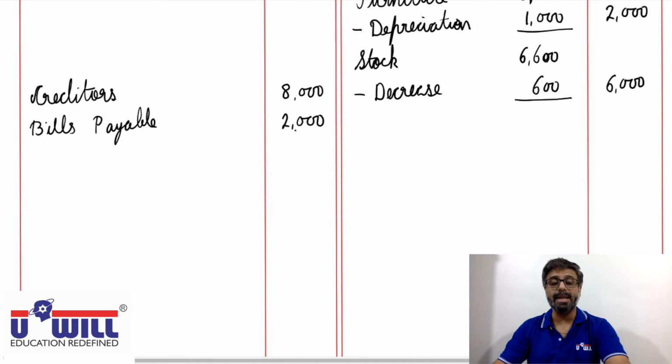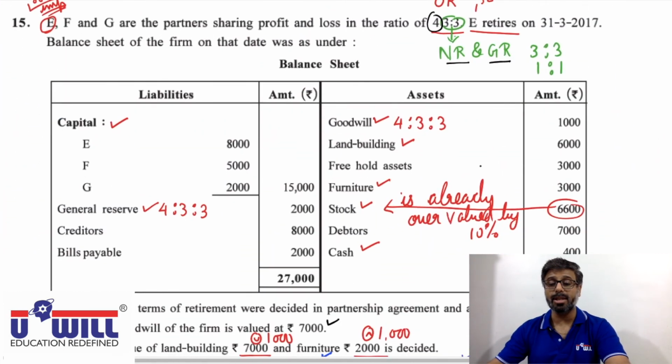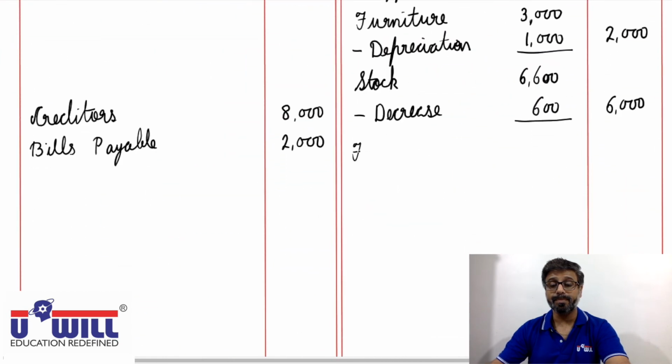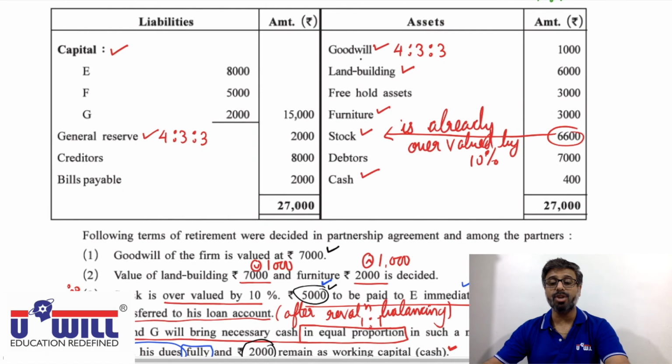Now liabilities side is done. Asset side, freehold assets 3,000 on the asset side. Unticked items. Okay. After freehold assets, goodwill, land and building, furniture, stock recorded.